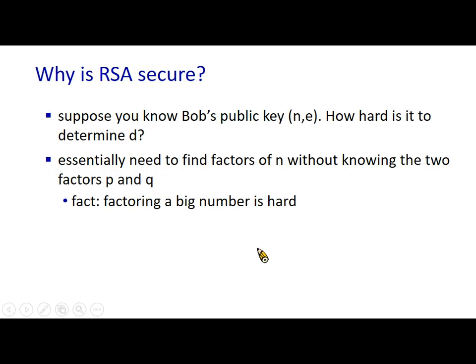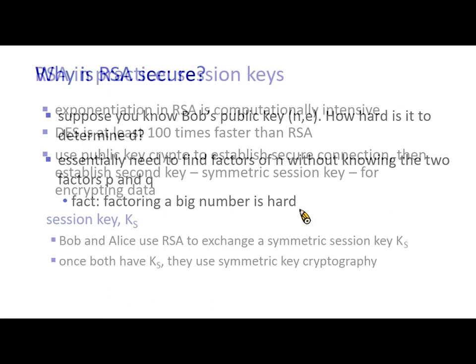So why is RSA secure? Suppose you know the public key is N and E, how hard is it to determine D? Essentially, you need to find the factors of N without knowing the two factors P and Q. Factoring a big number is hard.